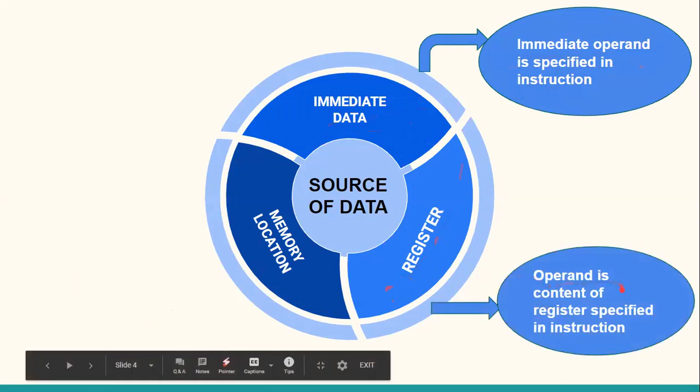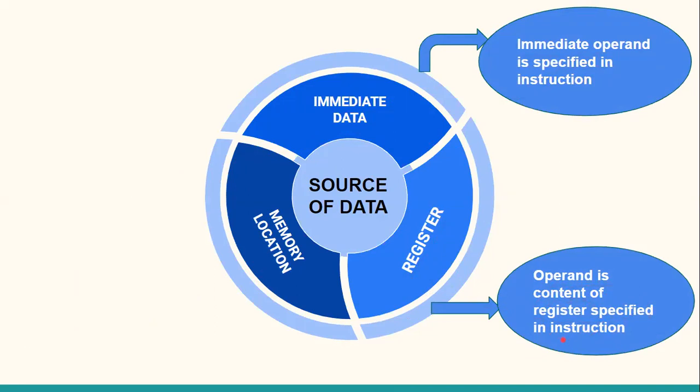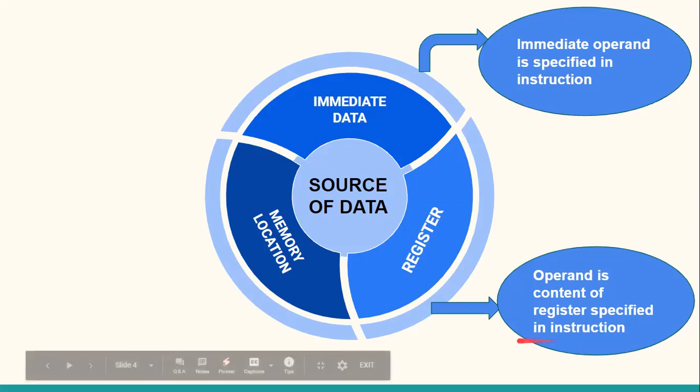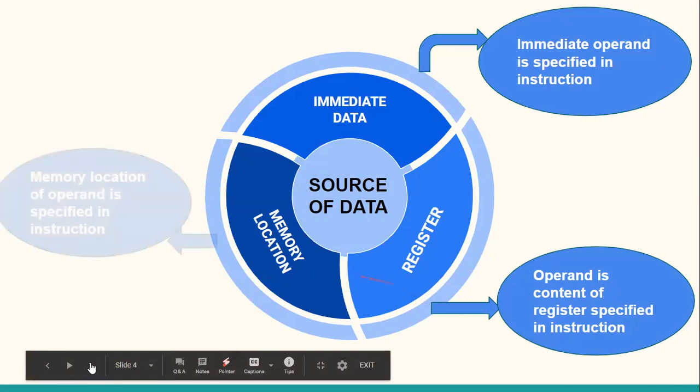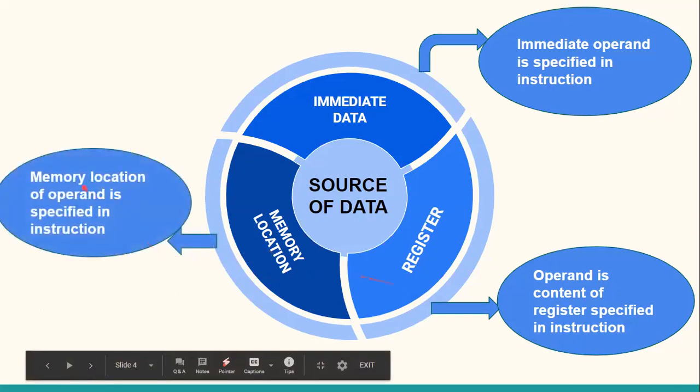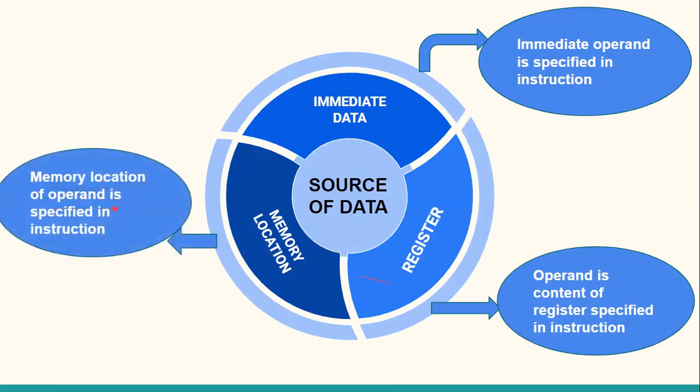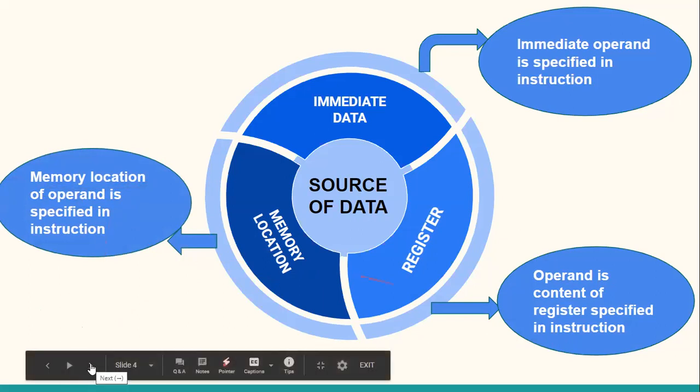The operand can also be specified as the content of a particular register, and the name of that register is specified in the instruction. The third method is that the memory location of the operand or the data is specified in the instruction. So these are the three main ways by which we can get the data for execution.